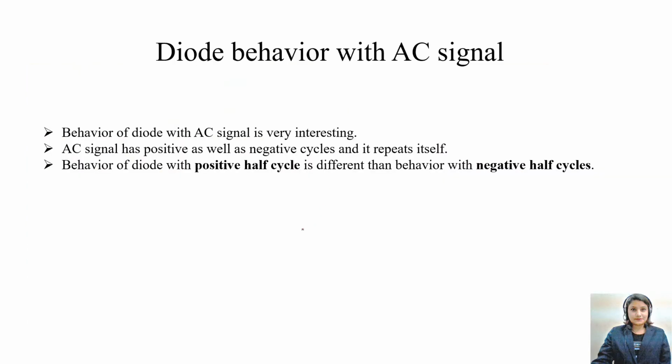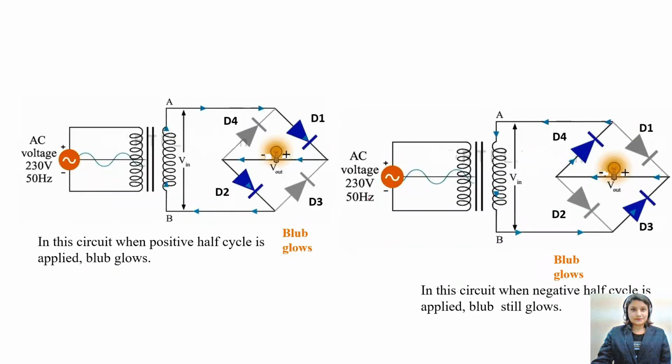As you all know, the diode used as a rectifier behaves differently with the positive cycle than with the negative cycle. Now let us see one by one the behavior of the bridge rectifier with positive and negative half cycles. Let us see the positive one first.